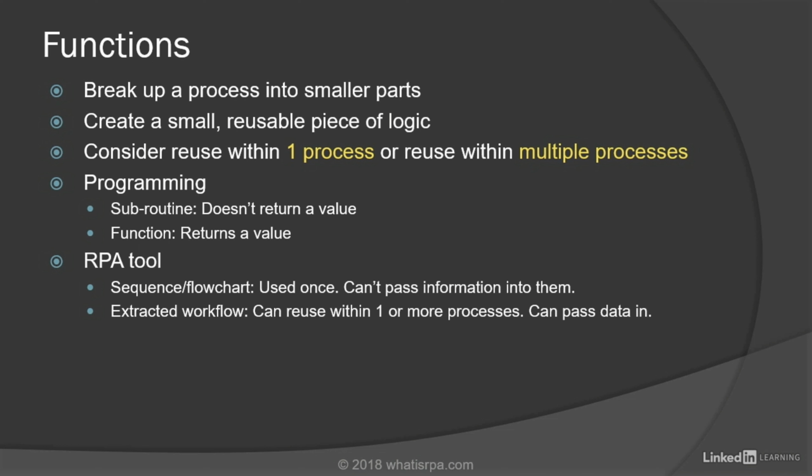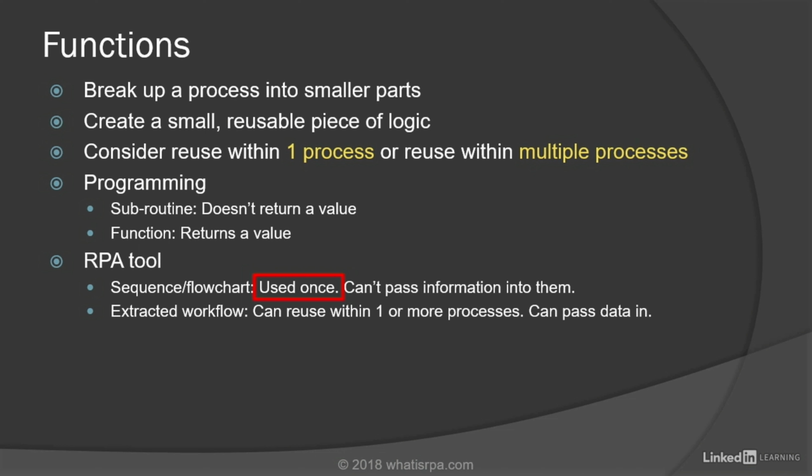RPA tools, on the other hand, work slightly differently. As you'll see in my UiPath Level 1 course, we have the ability to break up longer processes into things like sequences or flowcharts. And those activities are containers that are generally only used once within the robot. And if you do need to use them again, you would have to copy the whole thing and paste it later on in the robot.